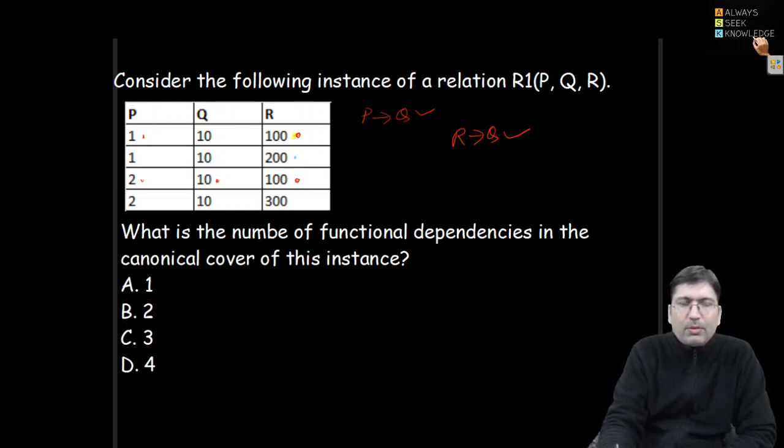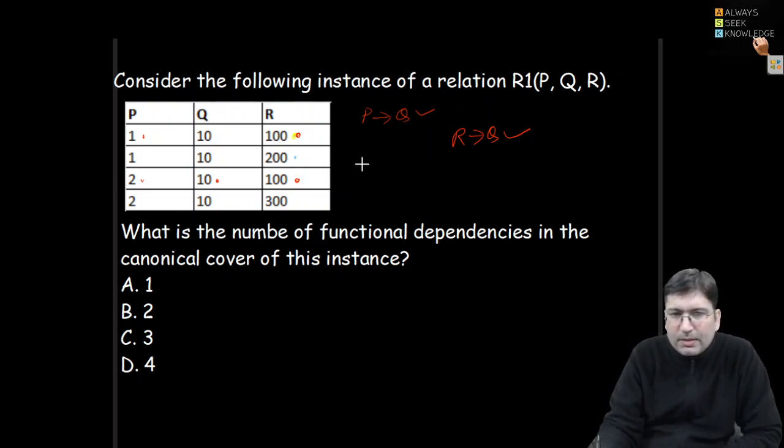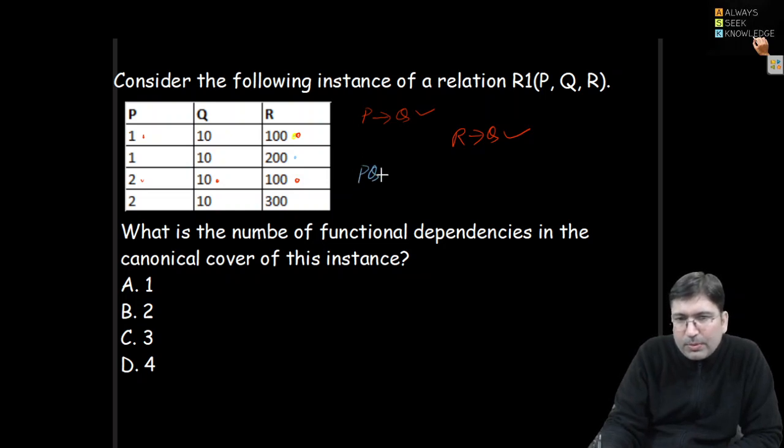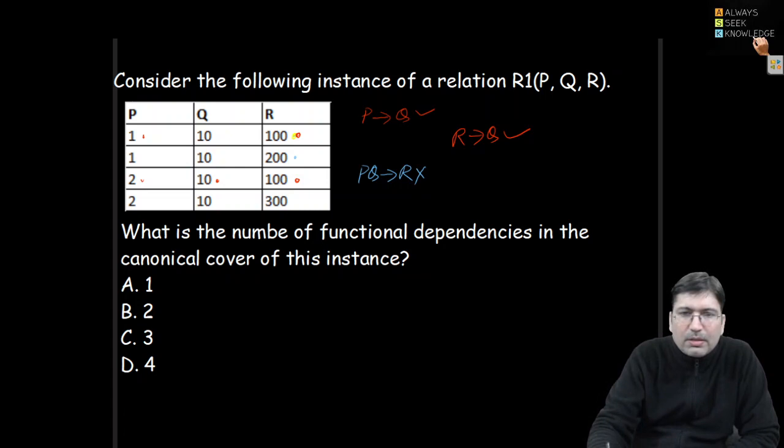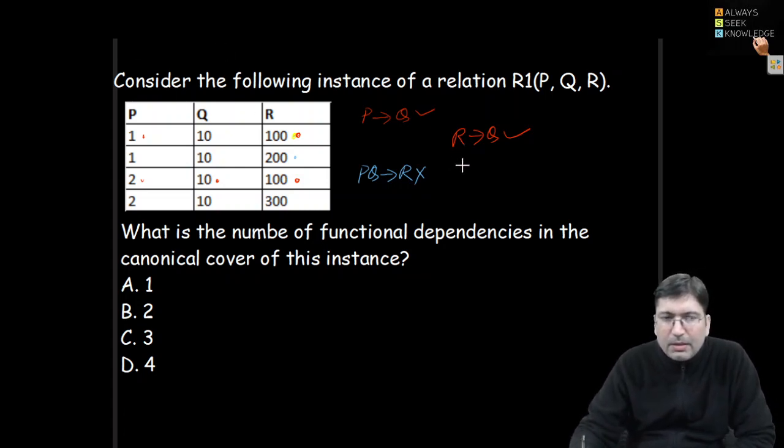Now let's see in the combination if anything exists. So if I say PQ implies R, whether it exists. 110 is associated with 100 and 110 is associated with 200, so that means it doesn't exist. Let's check for another. Let's say we are checking PR implies Q. Now PR means 100, 100, then 1, 200, then 200, and then 2, 300.